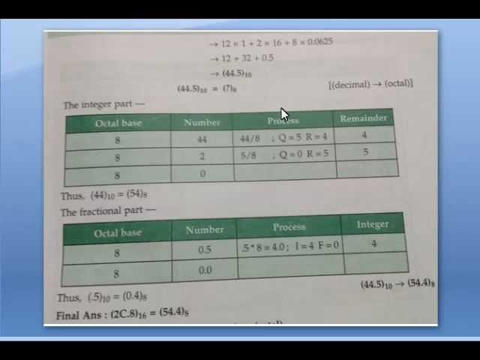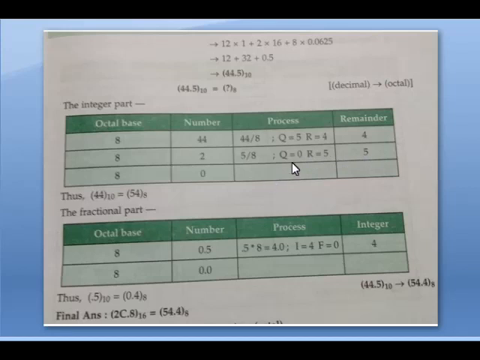Now we are going to convert this decimal number to octal. How to convert a decimal number to octal? Divide the number by 8, since the base of octal is 8. The number is 44.5, so 44 divided by 8 gives remainder 4 and quotient 5. 5 divided by 8 gives remainder 5 and quotient 0, so we stop here.